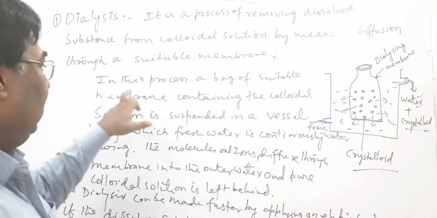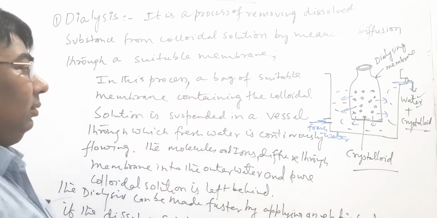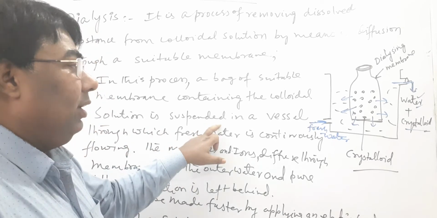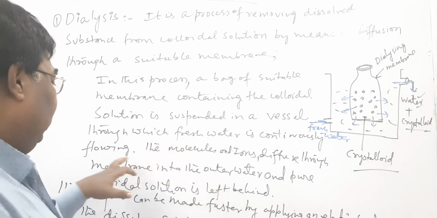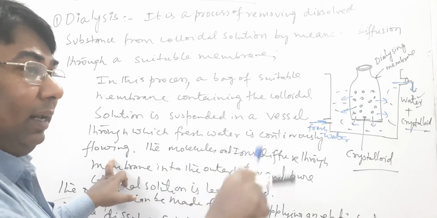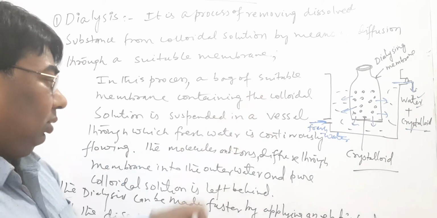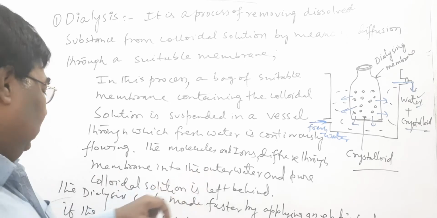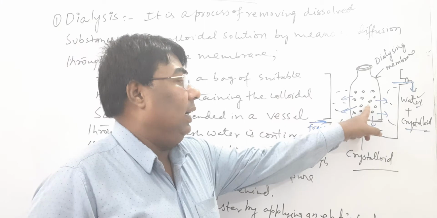In detail, in this process, a bag of suitable membrane containing colloidal solution is suspended in a vessel through which fresh water is continuously flowing. From the lower part of the vessel we supply fresh water, then the molecules and ions diffuse out through the bag or membrane into the outer water, and pure colloidal solution is left inside the dialyzing membrane.